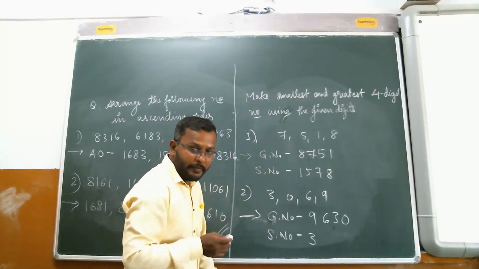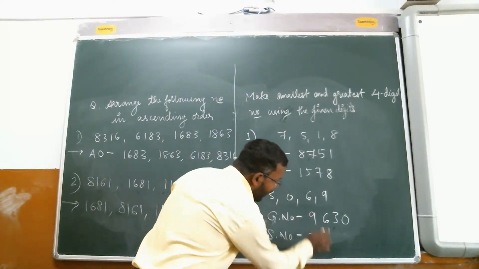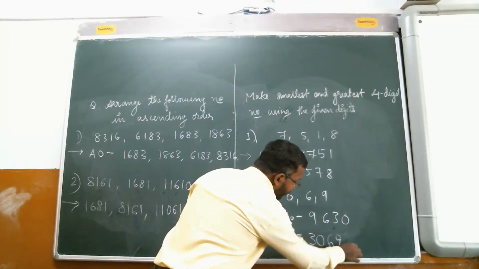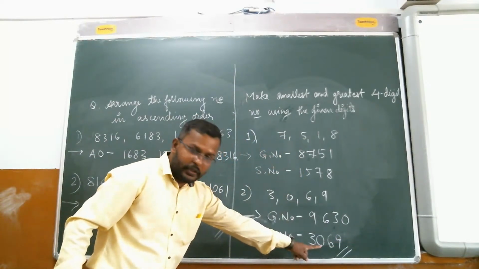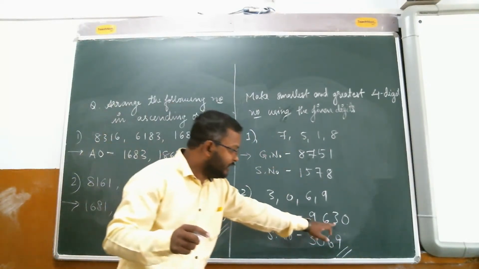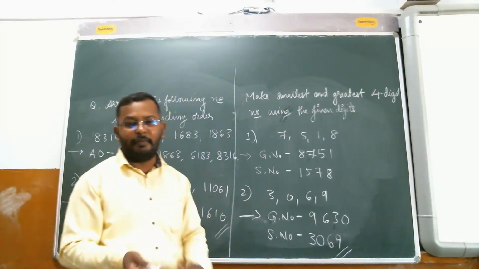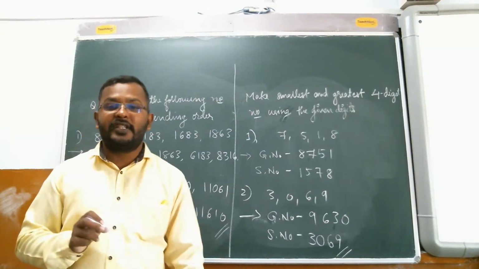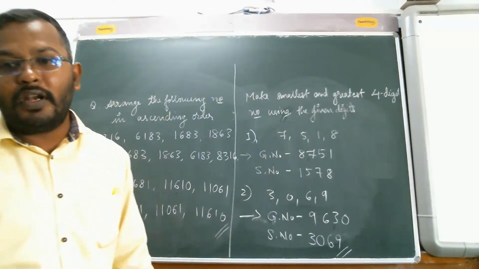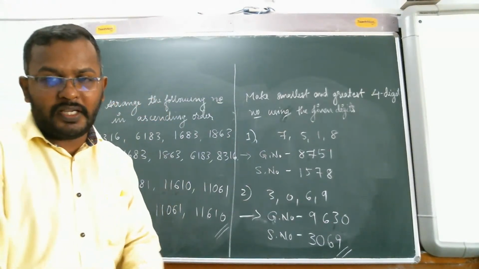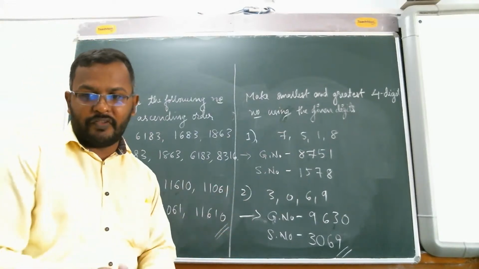Right? 3, then you put 0 and next 6 and 9. So whenever you are having 0, in that case you have to take the next number, then you put 0 and write the next remaining numbers. 3069 is the smallest 4-digit number. Okay, using the given digits.